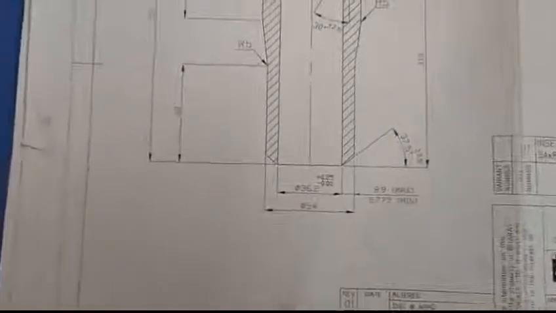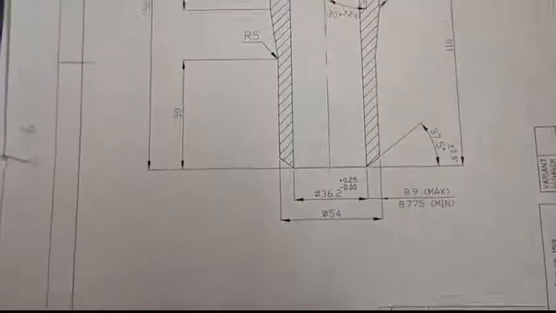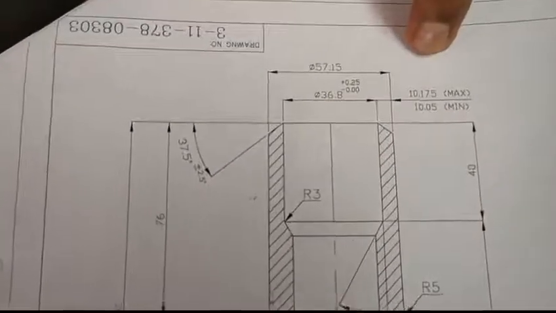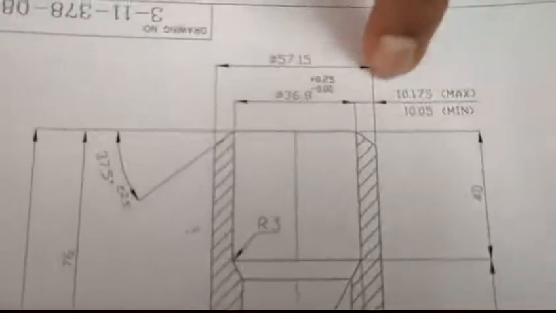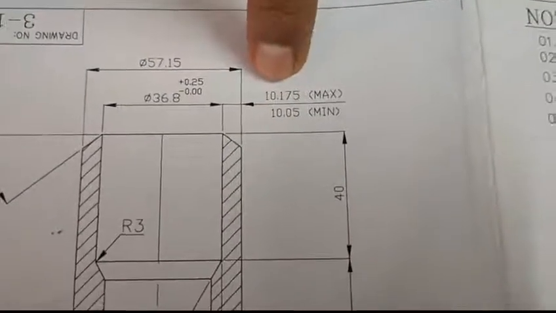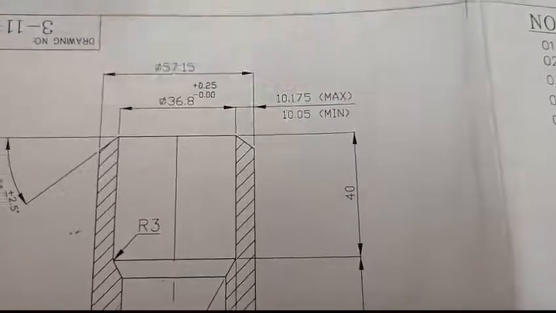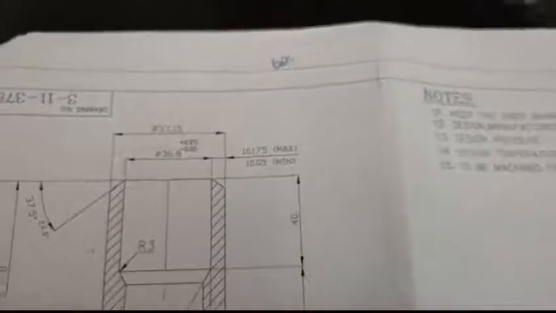Then let's see the maximum and minimum wall thickness. Here it is the maximum wall thickness. So as per drawing, it shall be 10.175 to 10.05. This is the minimum wall thickness. Here you can see the actual.